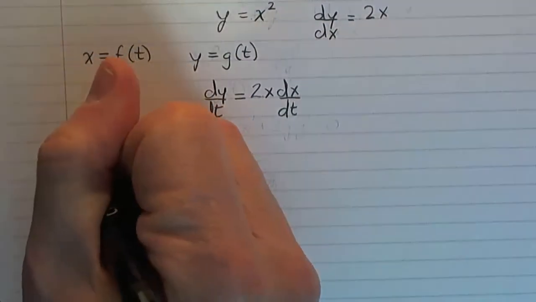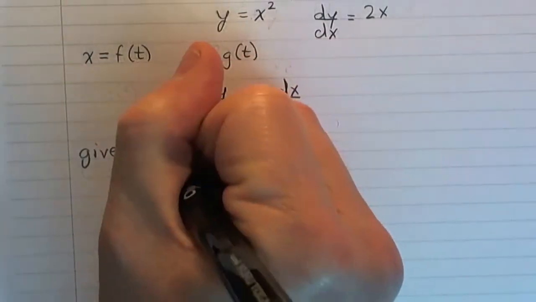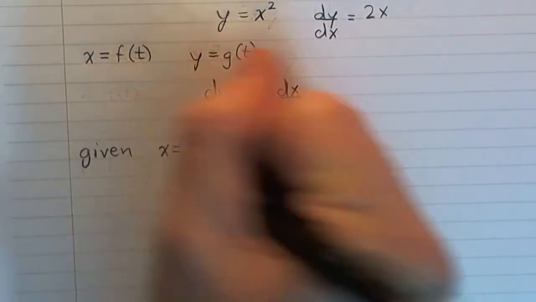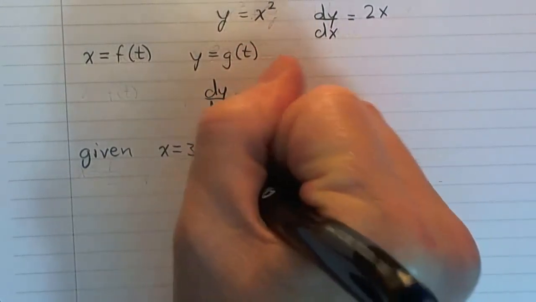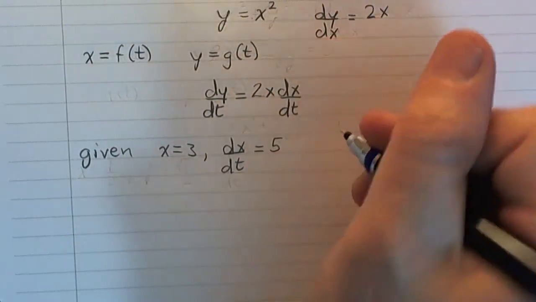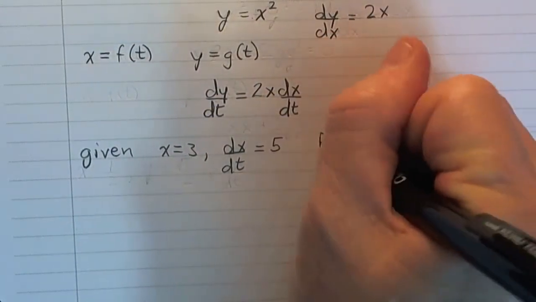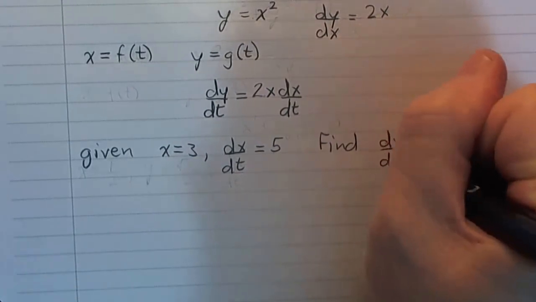Now, let's suppose further that we're given some information. We're given that x equals 3 and dx/dt is equal to, let's say, 5. And what we want to find is dy/dt.